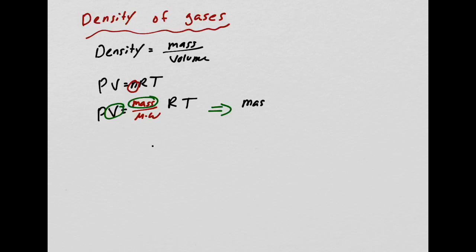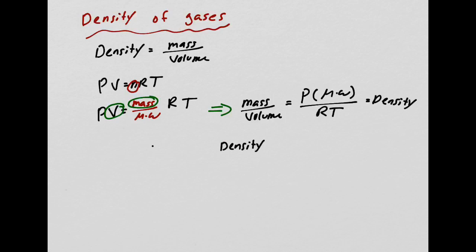If I do that, then P times molecular weight over RT would be the density of gases. So don't forget, the density of gases is going to be P times molecular weight over RT. That's the density of gases. So far so good? Okay.